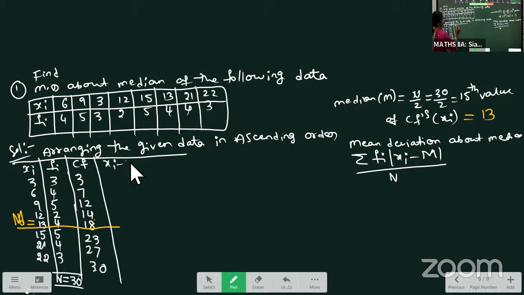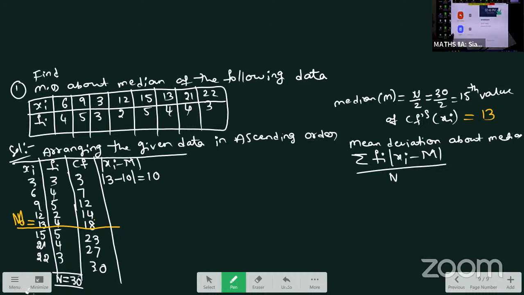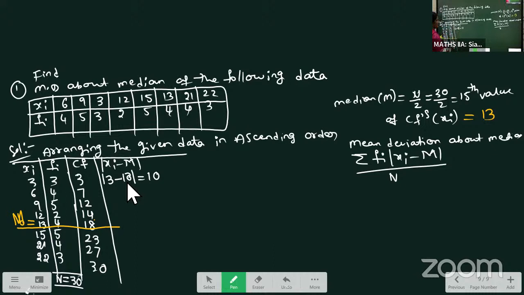Xi values are there and M value also is there. So modulus of xi, 3 minus M, 13. Modulus of 3 minus 13. It is minus 10, but modulus makes it positive, that is 10.